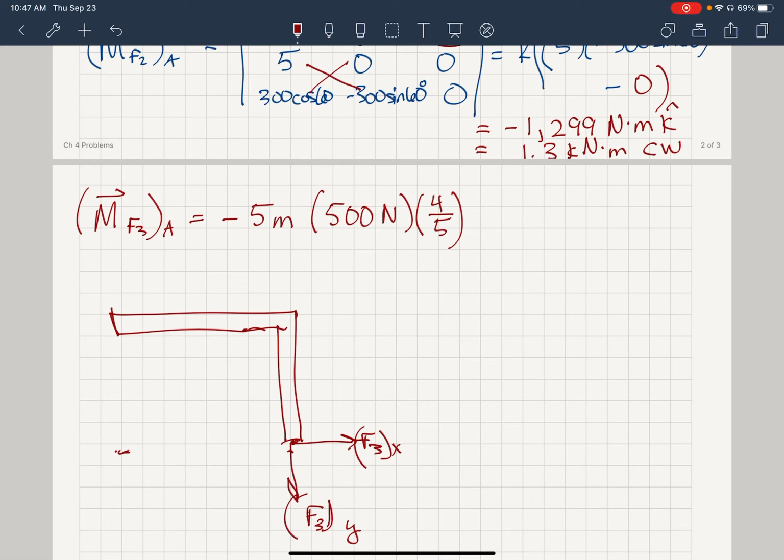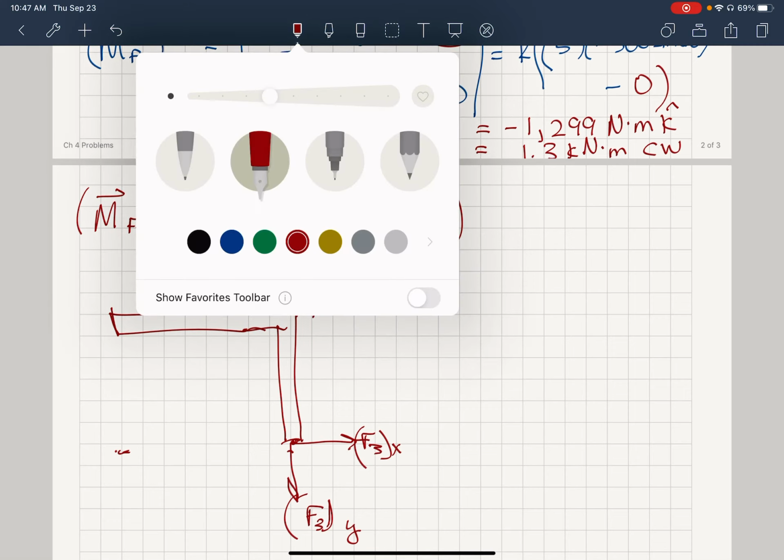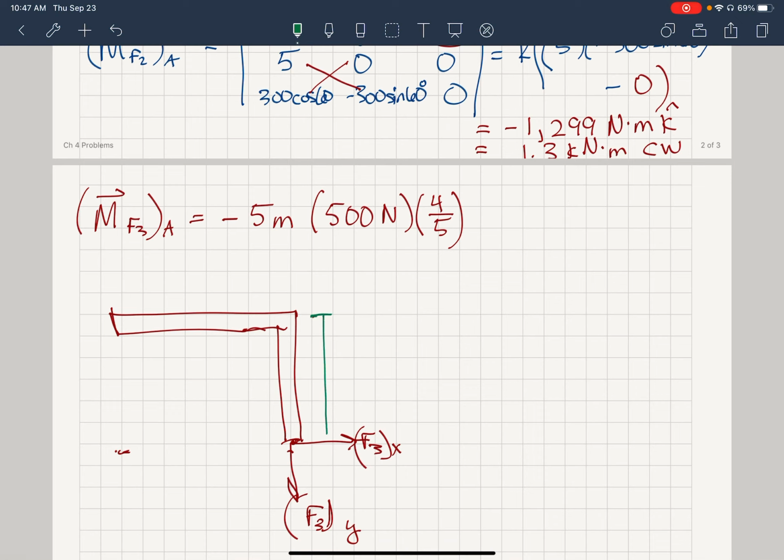Then we can do this other distance times that F3 in x, which is 4 meters, and that F3 in x is 500 newtons times 3 over 5. And then we'll do the right-hand rule again. From A to that force, put your fingers in the direction of the force. My thumb's pointed towards me, so that's positive. And that gives us, what is it?